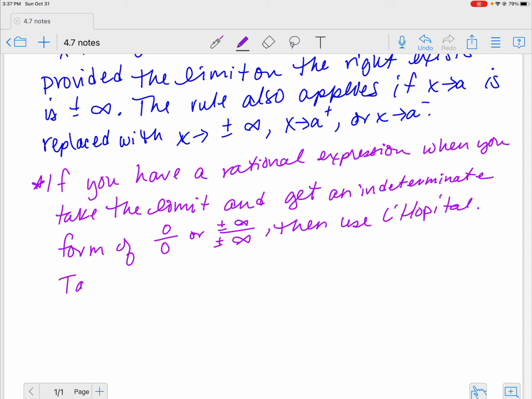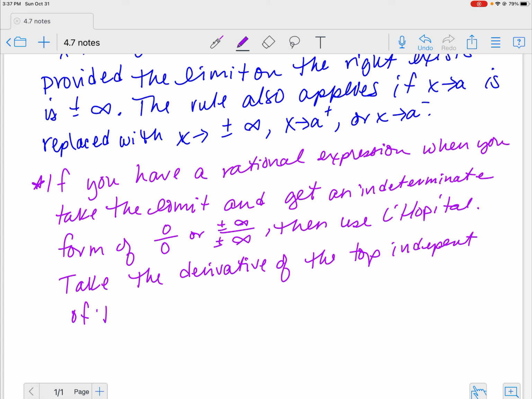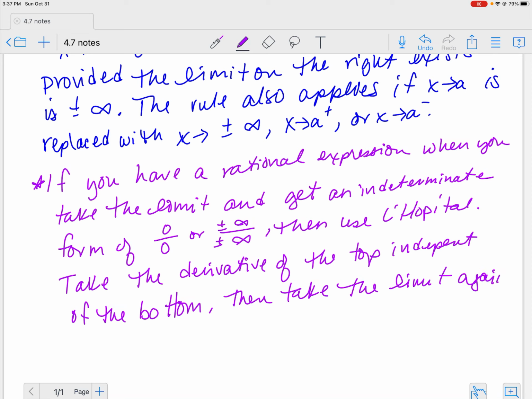We are going to take the derivative of the top independent of the bottom. Then take the limit again.